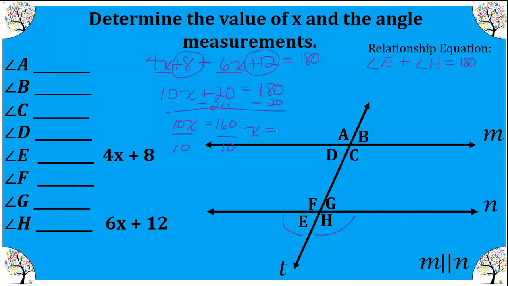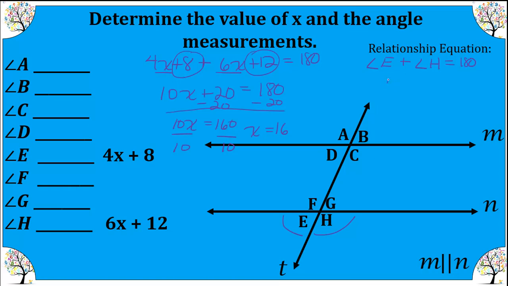So our x value is 16. Now, let's plug in 16 for each of these, or we could plug it in for one and then know it's supplementary. So a lot of ways you can attack these problems.